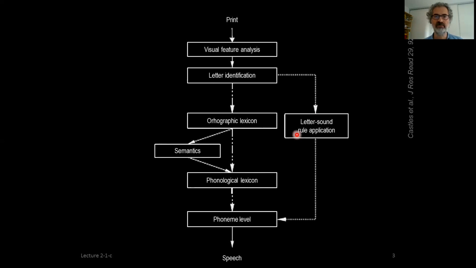This is done by serial rule application, whereas this is done by interactive parallel activation. And this is much more than we have said when we were discussing the two ways of phonological mediation earlier in this course. So this is a more specific model that makes more specific predictions.